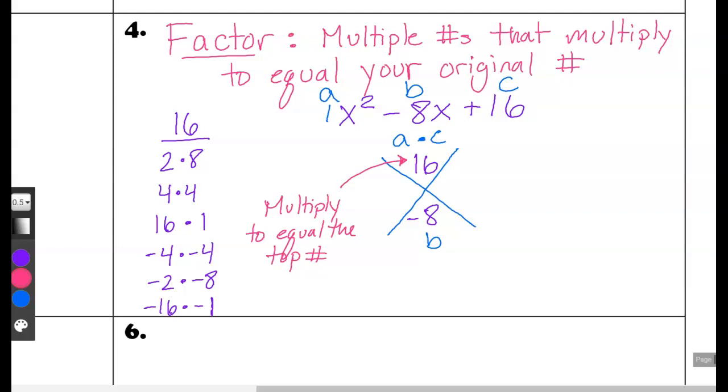Maybe you were taught factoring, maybe? And the two numbers must also, at the same time, add to equal the bottom number.